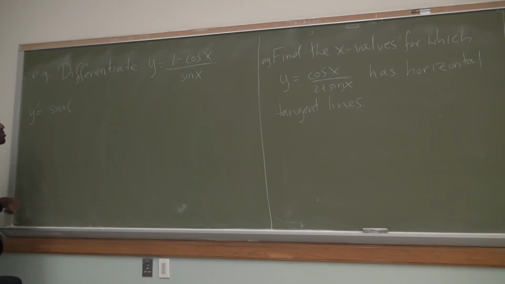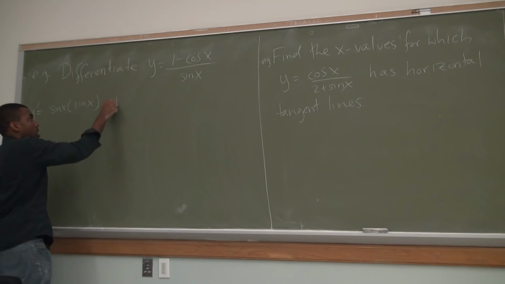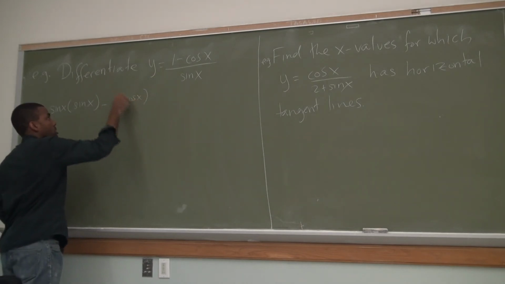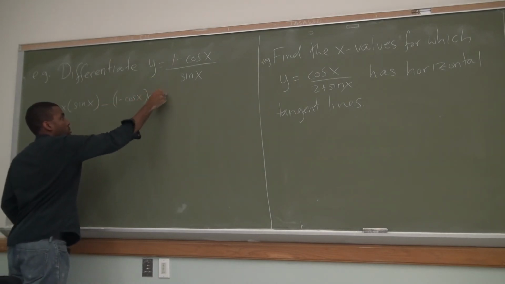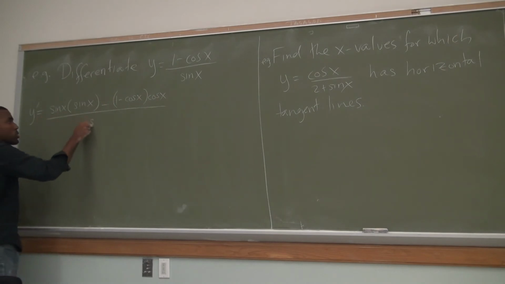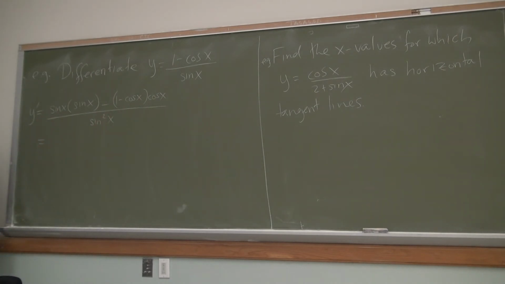Alright, derivative of 1 is 0. Bottom times derivative of top minus the top times derivative of the bottom all over the bottom squared. What would this be equal to?